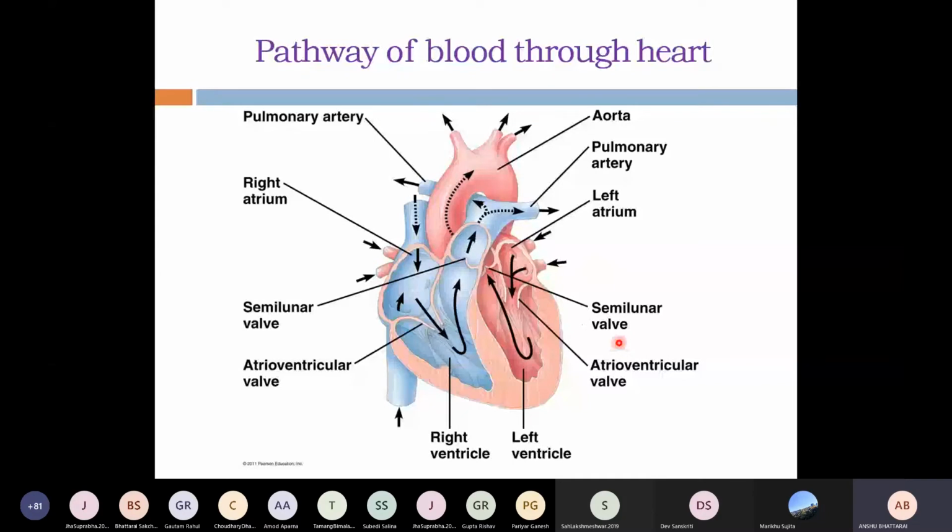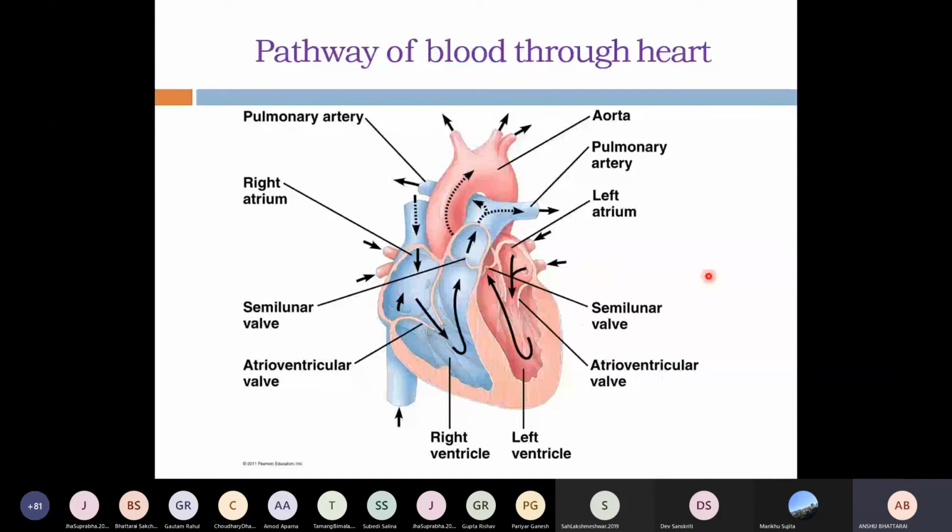Usually the valves do not contain any blood vessels, except in cases of some infections like infective endocarditis. They do not have blood vessels except at the base. So the AV valves are large and thin, and the semilunar valves are smaller and thicker.